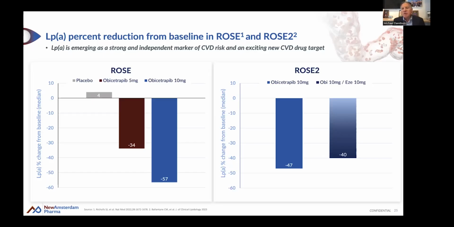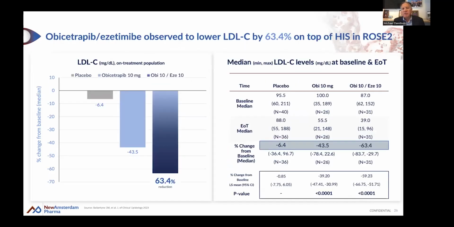And in the REVEAL trial, what was interesting with anacetrapib, in the subset of patients with high Lp(a), the drug did seem to work better. So we do believe that this lowering of Lp(a) could translate to even improved outcome benefit beyond the LDL lowering effects of obicetrapib. We'll have to wait and see what the PREVAIL trial does tell us.